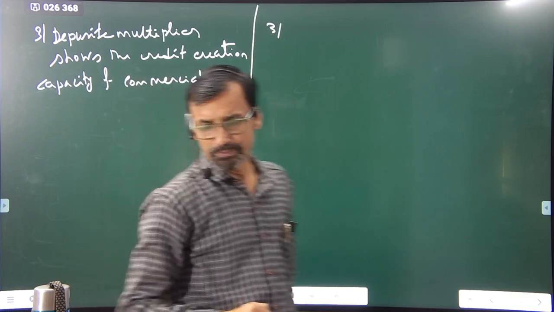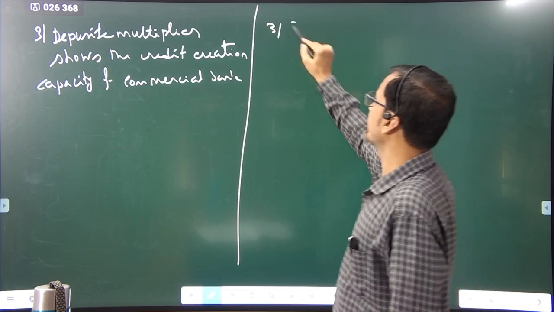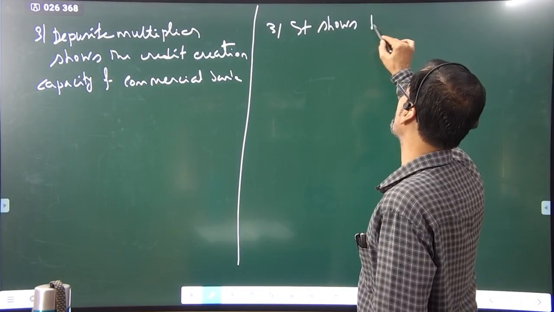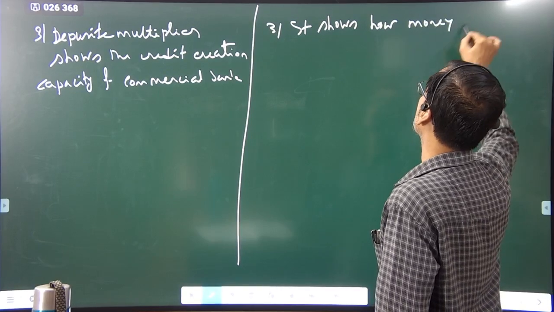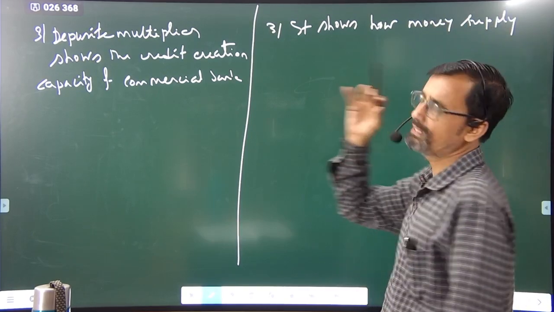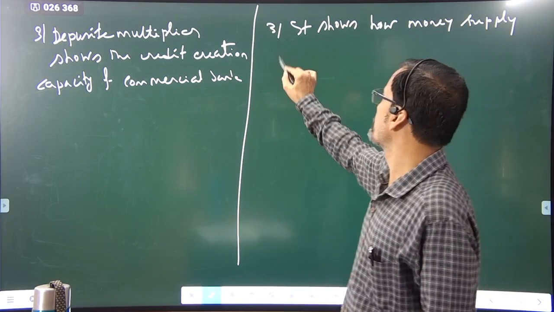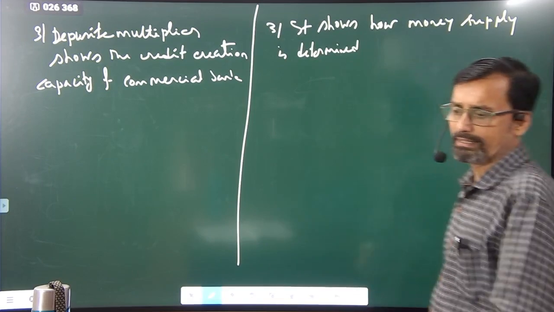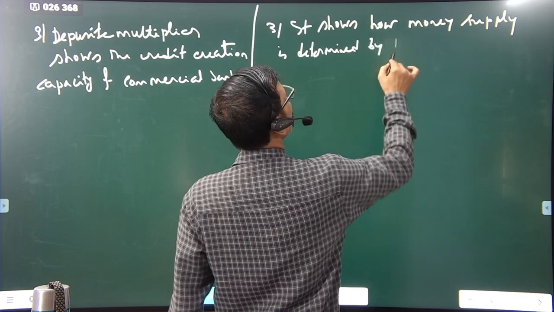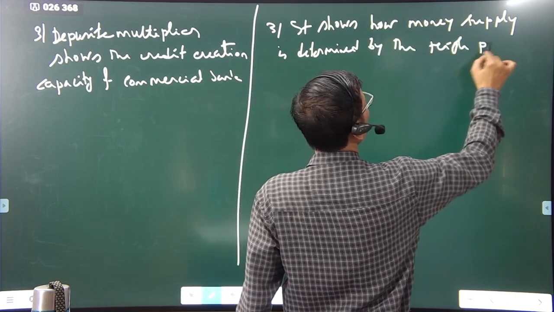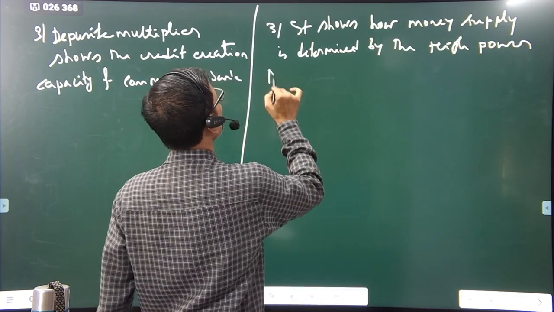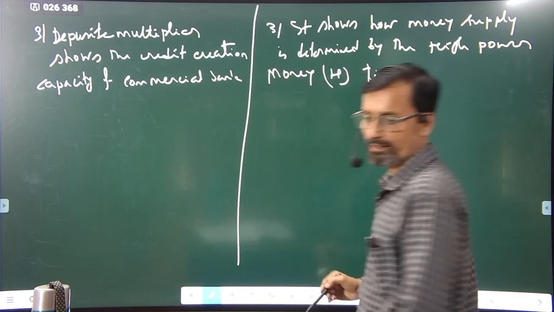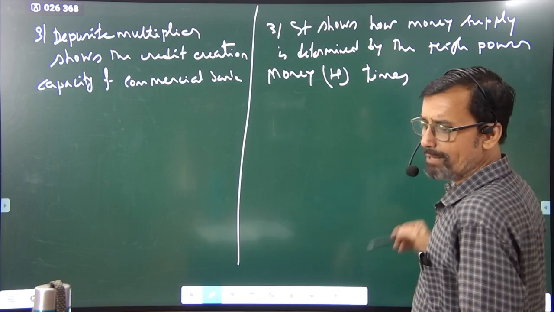On the contrary, the money multiplier shows how the money supply of the entire economy is determined by the high power money, that is, high power money times the money multiplier.